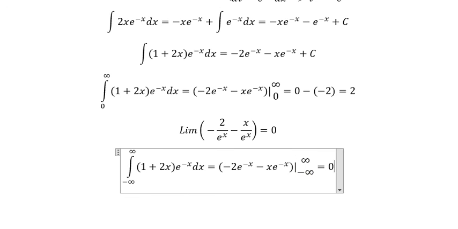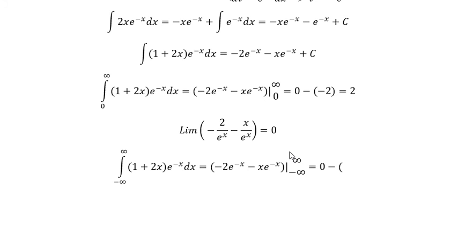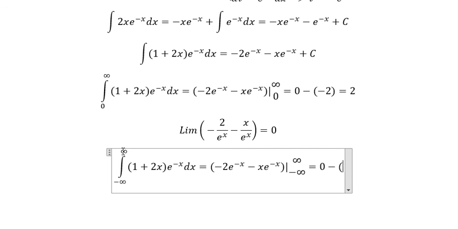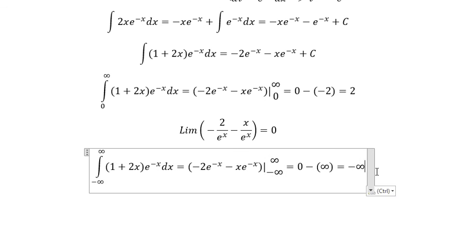On the top you get the negative, but on the bottom you can see that if you go to negative infinity, all the numbers will tend to negative infinity too. So in this situation, this one will get positive infinity, so you will get negative infinity.